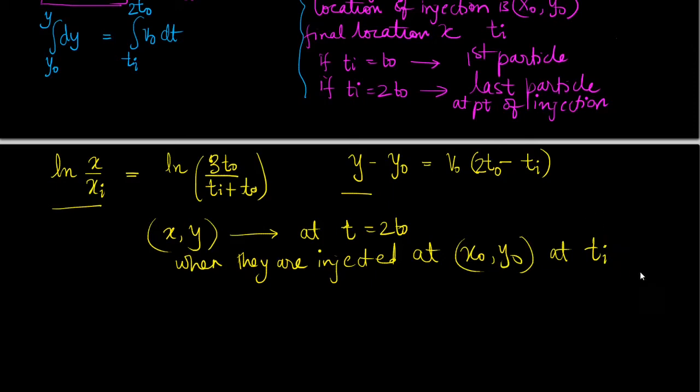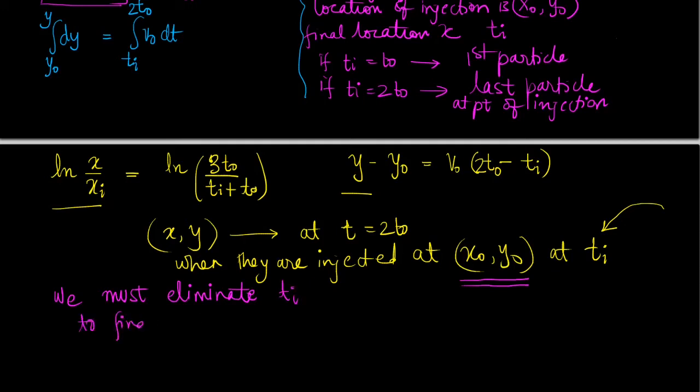So now if I am able to eliminate this parameter ti, I will end up with a locus of all x and y's which have been injected at any previous time ti. So we must eliminate ti to find the locus, because ti is the parameter which decides where x and y should be.